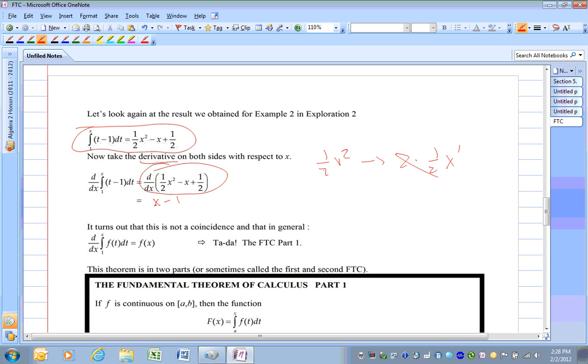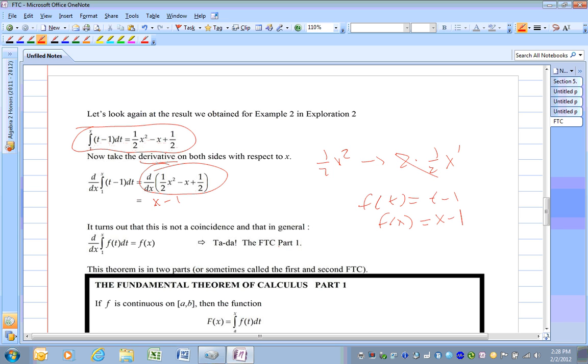So what this means, f of t is t minus 1. F of x is what? If you replace t with x, you get x minus 1. So that's the fundamental theorem part 1.